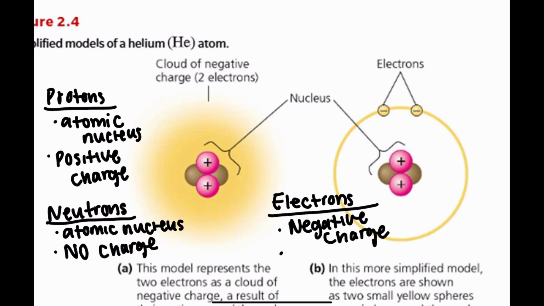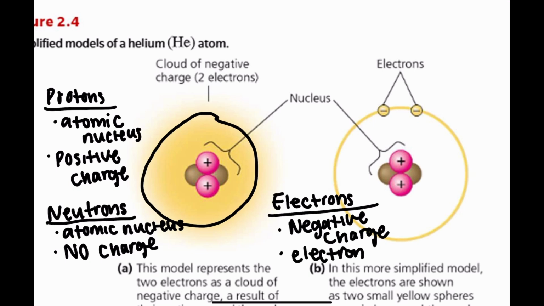And they are not found inside of the nucleus. They float around in this electron cloud that we see here in yellow. So they're found in the electron cloud, and they have a negative charge. And I want you guys to remember that atoms are basically just empty space with an extremely dense nucleus.